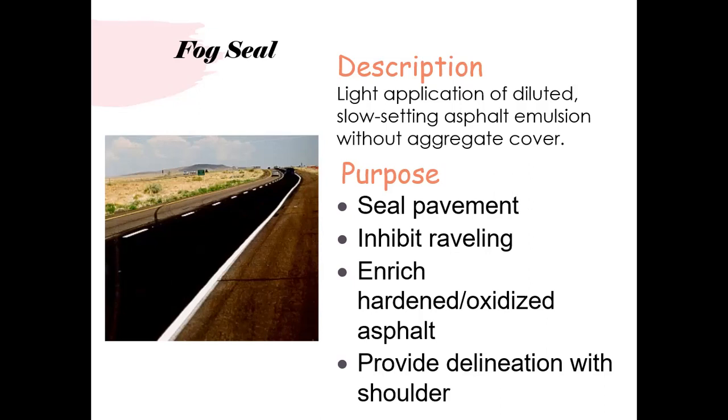And obviously, you can differentiate the shoulder, because the newly applied fog seal will look as black as it could be, while the other surface is old. Sometimes if there is a problem with your marking, you cannot differentiate between the shoulder and the asphalt traffic lane, so it will also help you in this case.